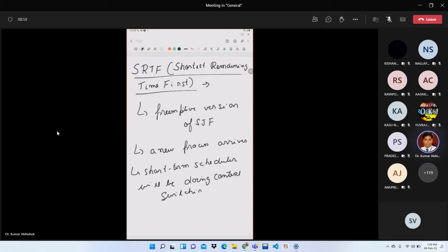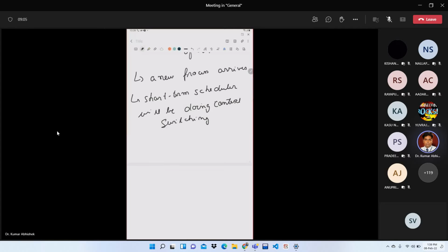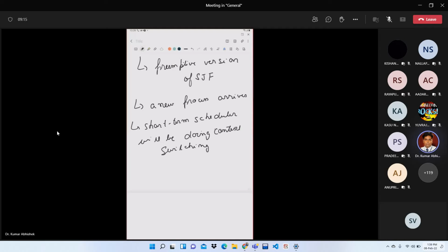For example, suppose P1 is executing, P2 arrives, and we see that the burst time of P2 is less than the remaining burst time of P1. Then P1 will be preempted and moved back to the ready queue or the wait state, and P2 will be executing.